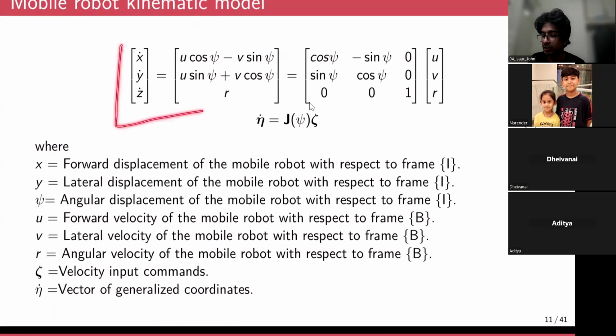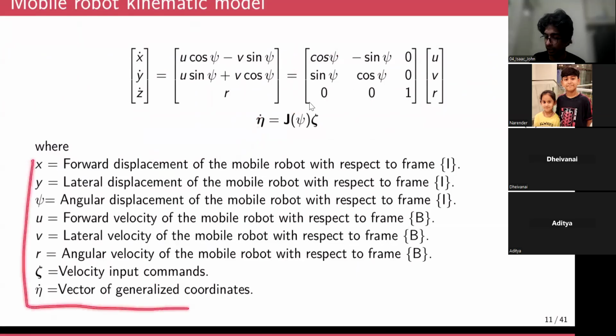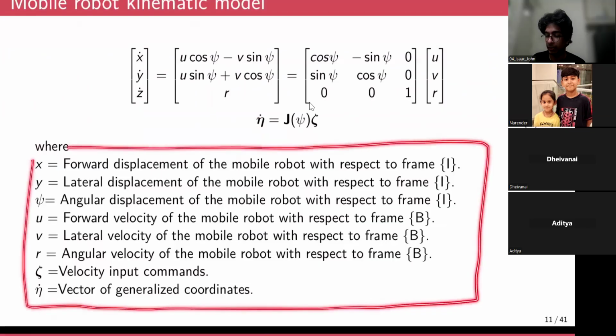And you can express this matrix and vector form in a compact form like this: eta dot as J of psi multiplied by zeta, where eta dot is this vector, zeta is this vector, and the Jacobian is this matrix, right? And each of the terms is labeled like so.